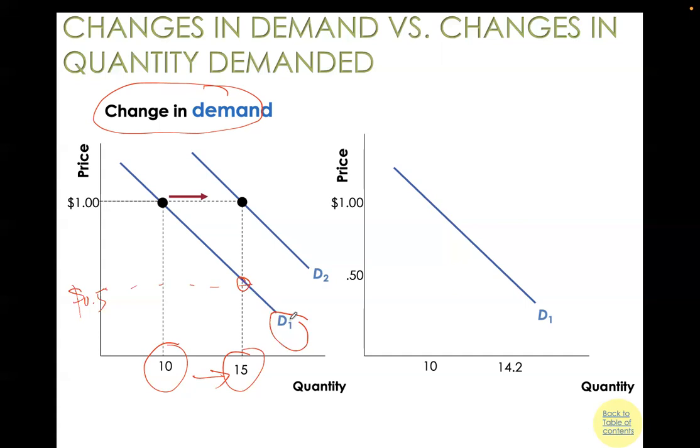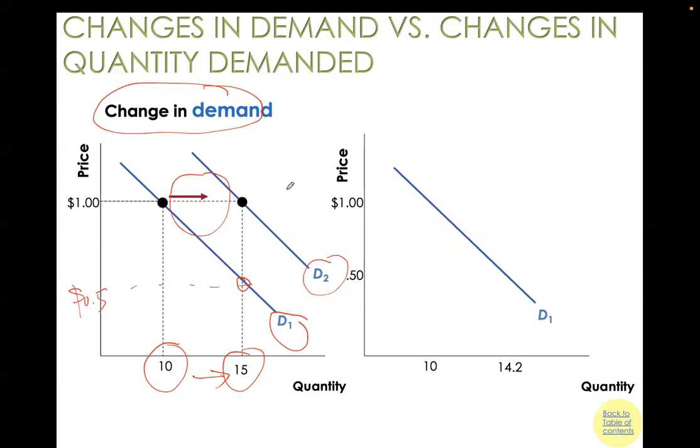In this particular case, it must be 50 cents. But now if you look at D2, your willingness to buy increases substantially, so that if I want to buy the same amount, which is 15, I'm now willing to pay $1.